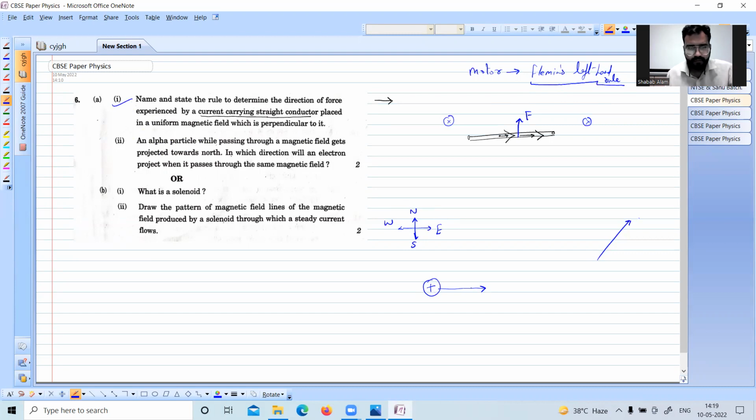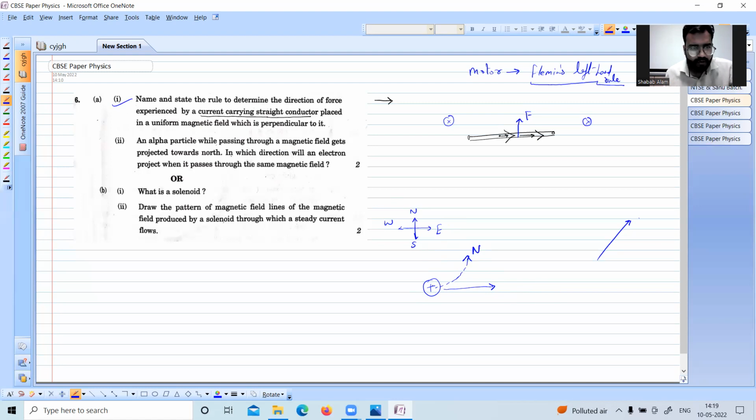So the alpha particle is moving towards the north direction. The alpha particles are actually moving this way as per the question, and it gets tilted towards the north. It is projected towards the north.